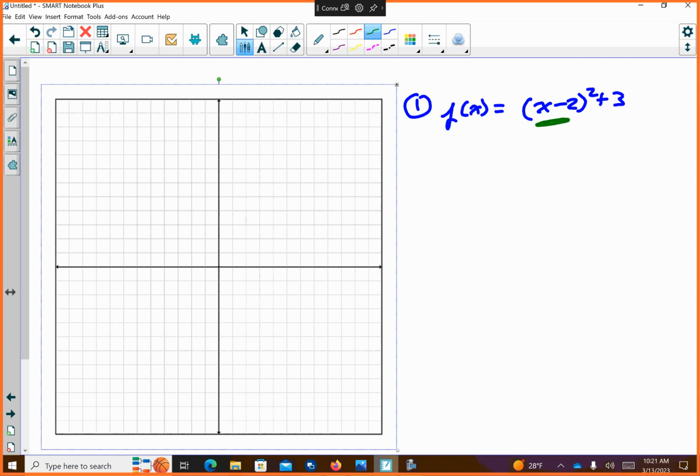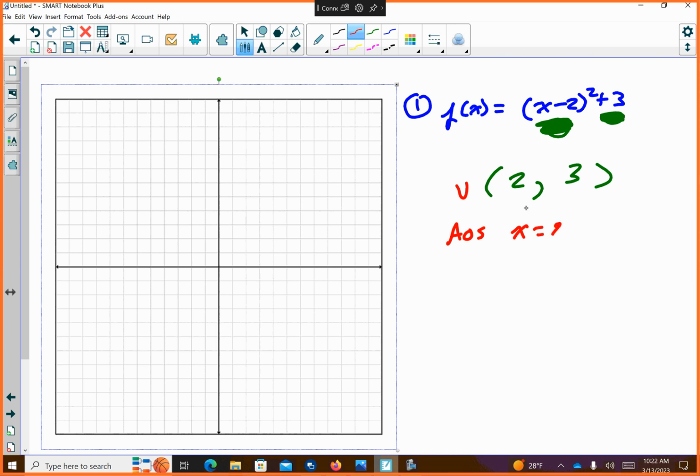So what is my x value of my vertex? It comes from inside there. What is my x value? No. Positive 2. Always opposite when it comes out of parentheses. And then what's my y value based on that? Positive 3. All right. What is my axis of symmetry by looking at just my vertex?